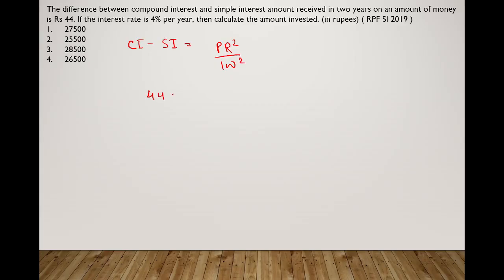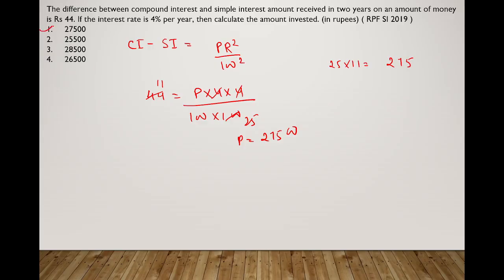This is 44, and rate of interest is 4, and 100 into 100. So this is 11. So this is 25. So the product of 25 into 11 is 275. So principal is 27500. So option number first is the right answer.